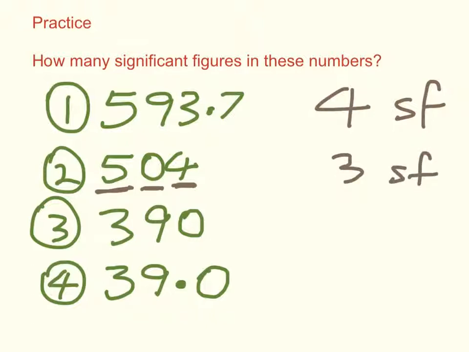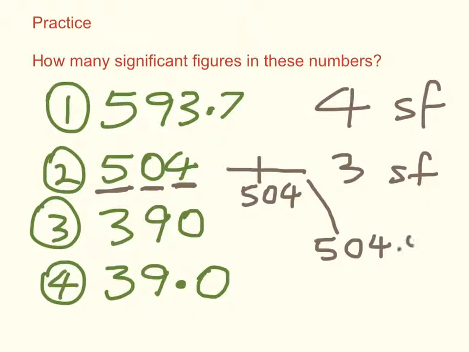If you think about how accurate that 504 might be, well, the biggest that number could be, to be rounded to 504, would be just below 504.5. And the smallest it could be is 503.5. So that's telling me that I've got 3 significant figures.